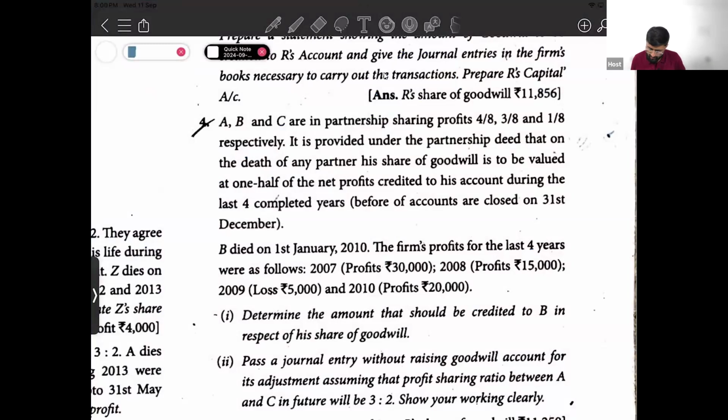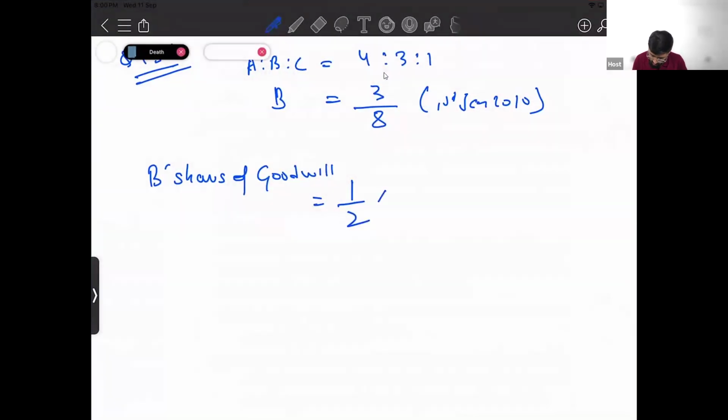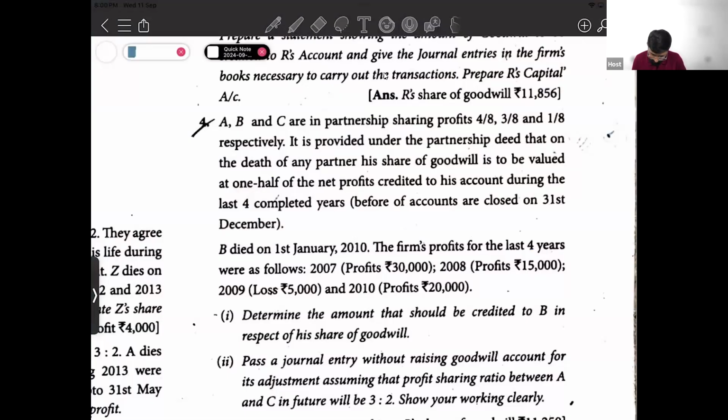The value is 1/2 multiplied by the net profits credited to his account during the last 4 completed years.